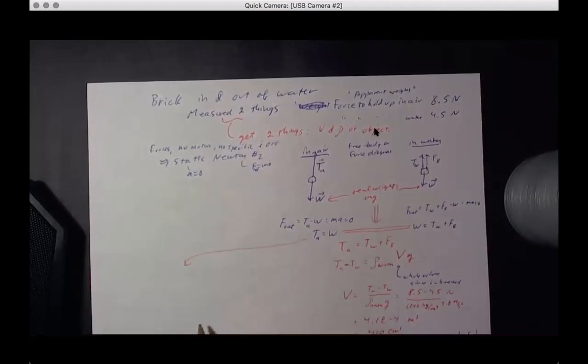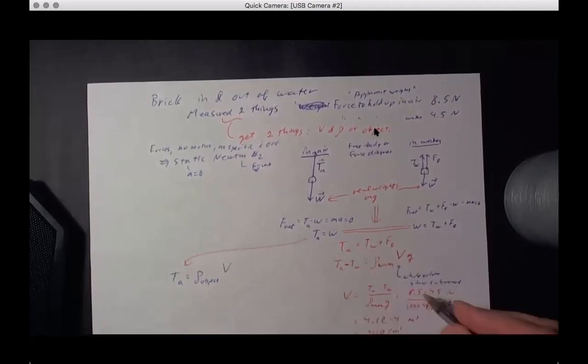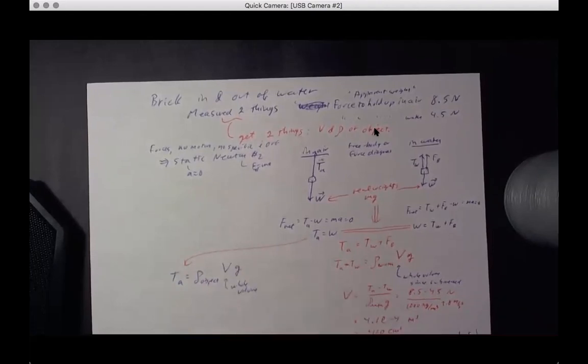And the weight, okay, TA is equal to rho object times V of the object, which is the same whole volume again, times G. And so I can get the density of the object is equal to TA over VG.